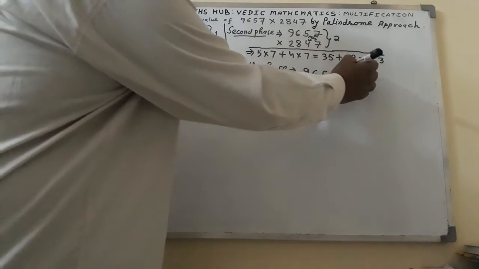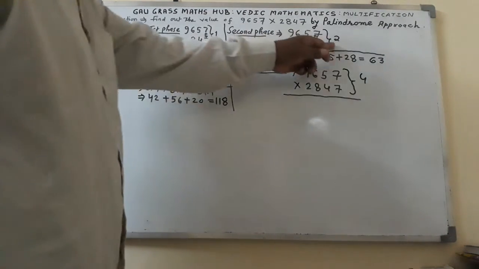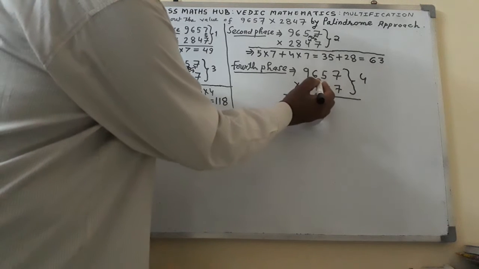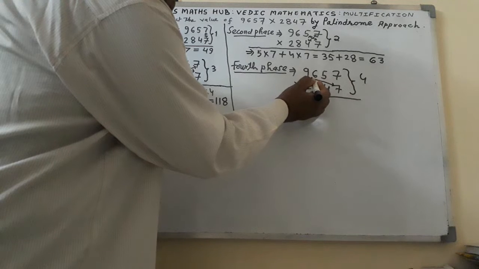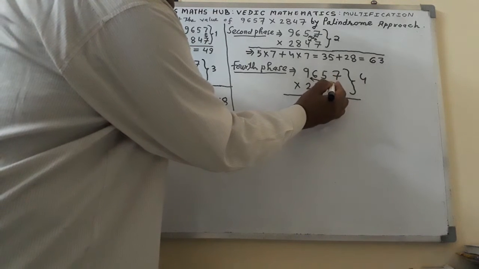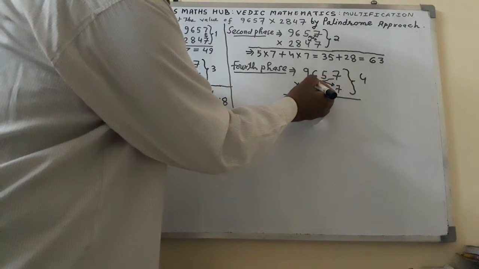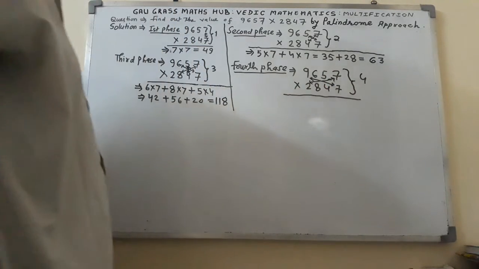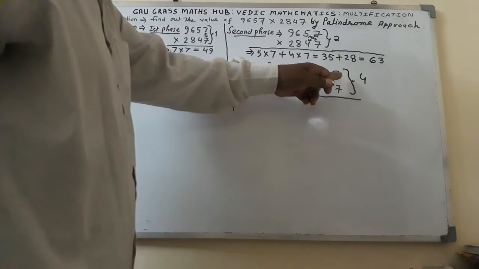Here it will become 4. Let us see how 4. 1, 2, 3, 4, I have completed. For 4, 9 will multiply to 7, 7 will multiply to 2. 9 will multiply to 7 and 2 will multiply to 7.